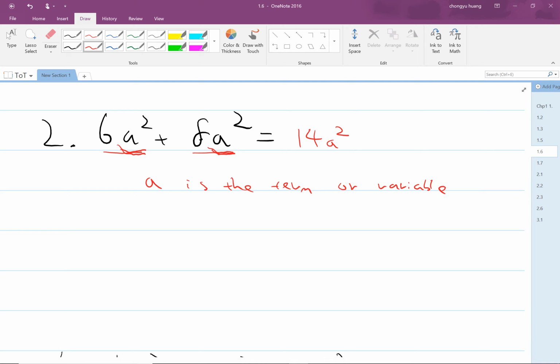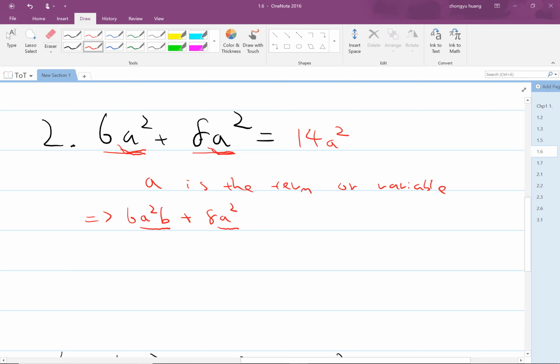Let me give you something you cannot add. Suppose you have something like 6a squared b, plus 8a squared. Then you are not able to add it, because the term over here is a squared b, but here it is only a squared.